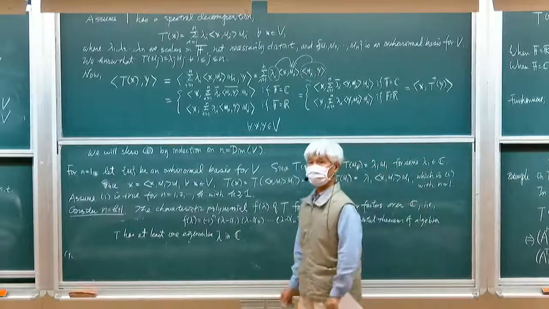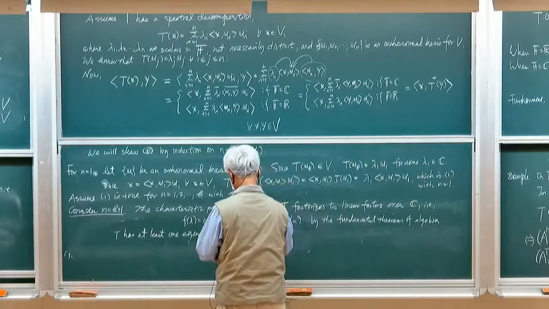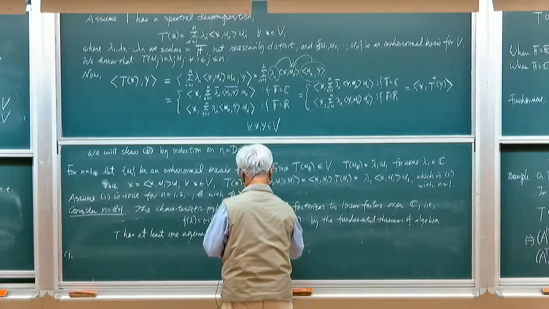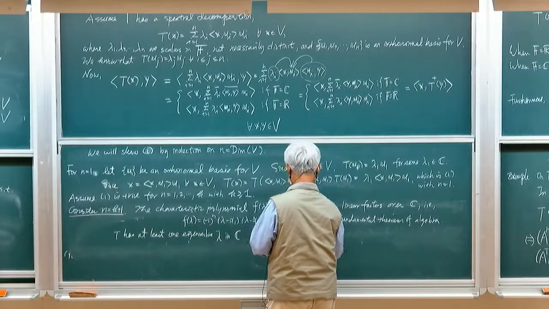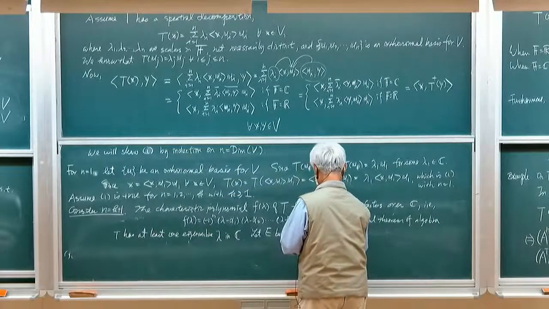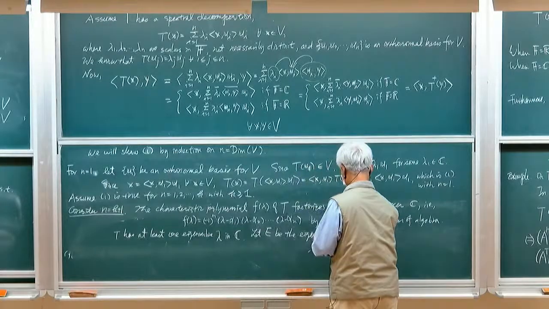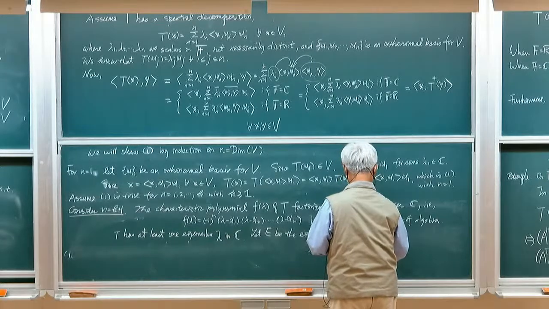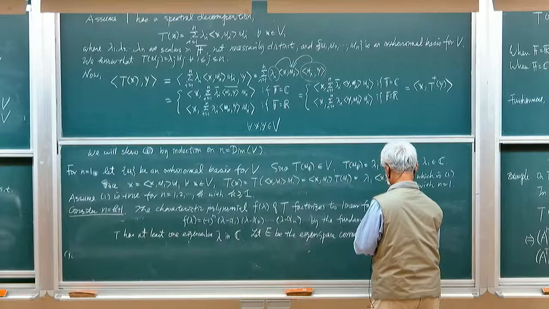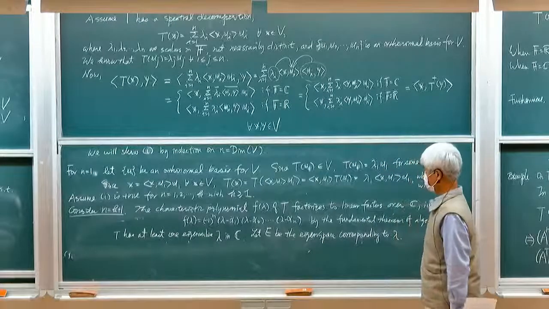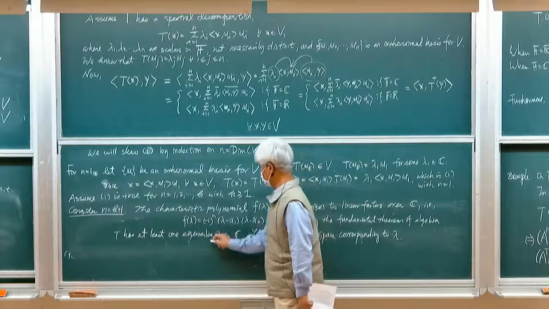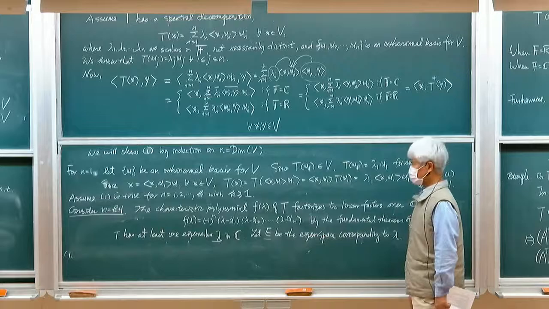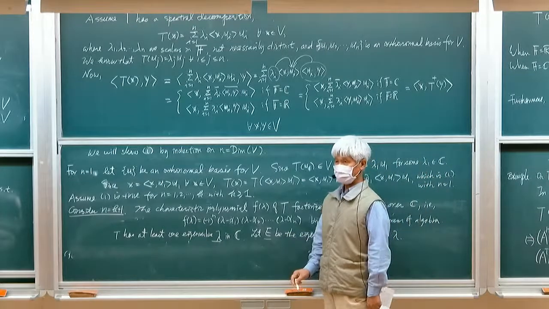And so we let E be the eigenspace corresponding to this eigenvalue. So there is one eigenvalue, and it must have a corresponding eigenspace. And this eigenspace, of course, has dimension at least 1, right?